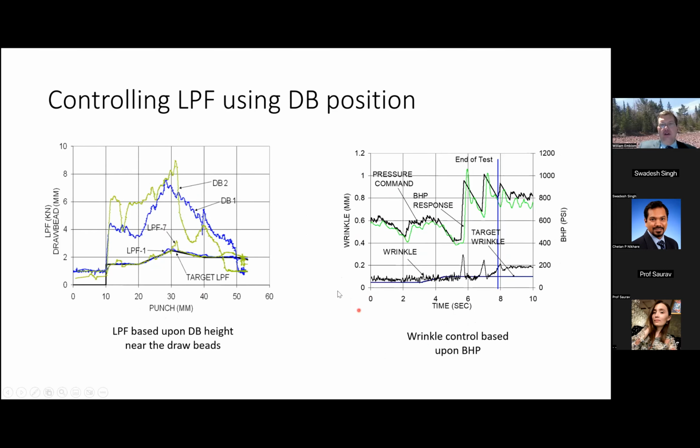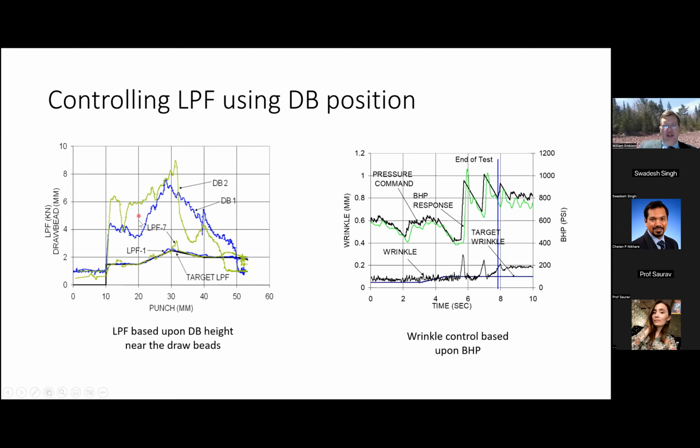Then the thing that I was really interested in doing was controlling the local punch forces at the draw beads. Here you can see our desired target for the local punch force, and you can see that our draw beads are operating independently to control the two force sensors, which track our target quite well.